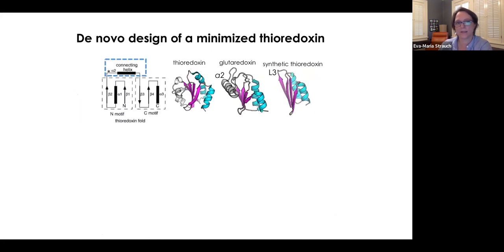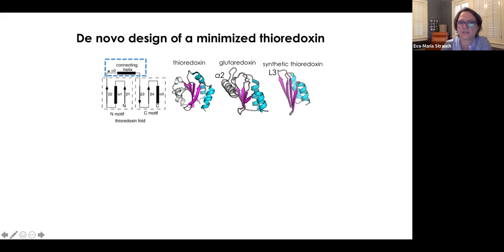And then the other thing we looked a little bit more into was the ferredoxin fold, because nobody has designed a small ferredoxin. Nobody has designed a fold before, and this is a minimized version. So the significant part is the parallel helices, and then the sheets going mostly one direction. This is one way of describing it.